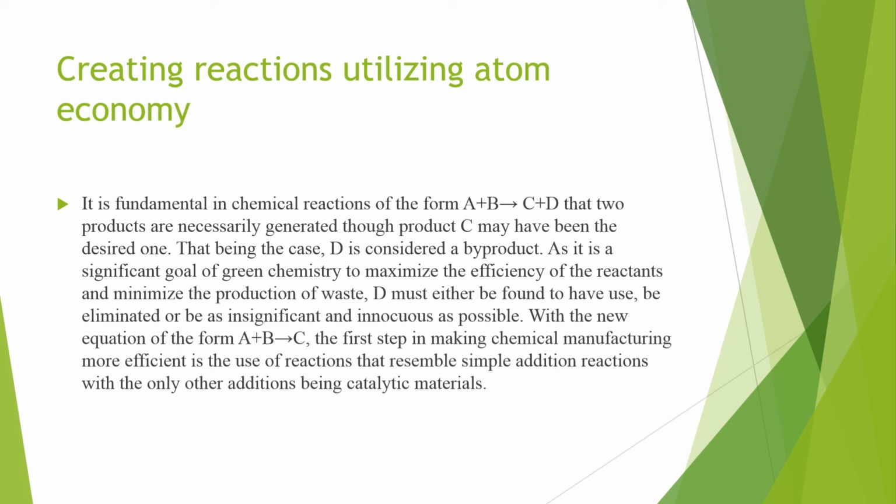What is the significant goal of green chemistry? Maximize the efficiency of reactants but minimize the production of waste. D must either be found to have use, be eliminated, or be as insignificant and innocuous as possible.